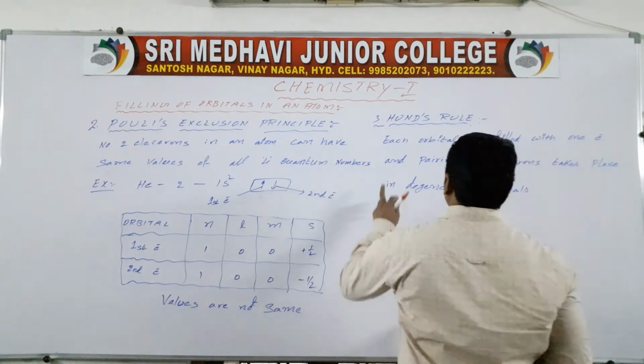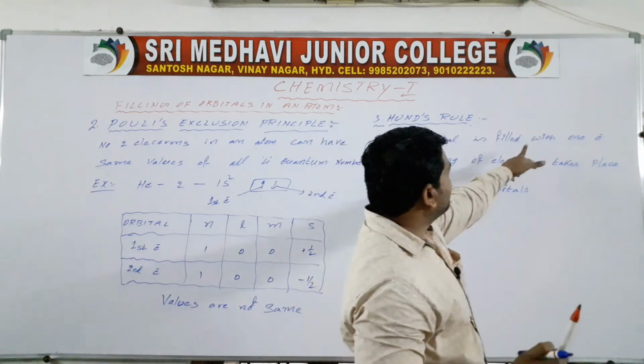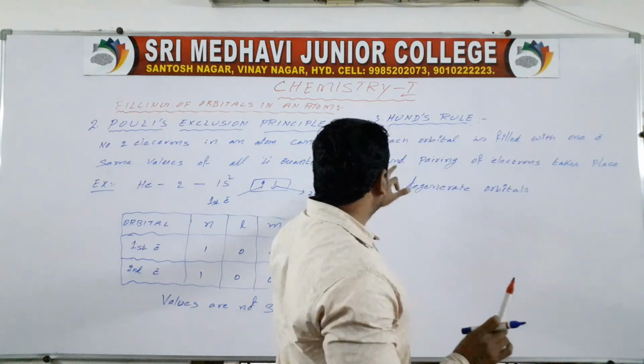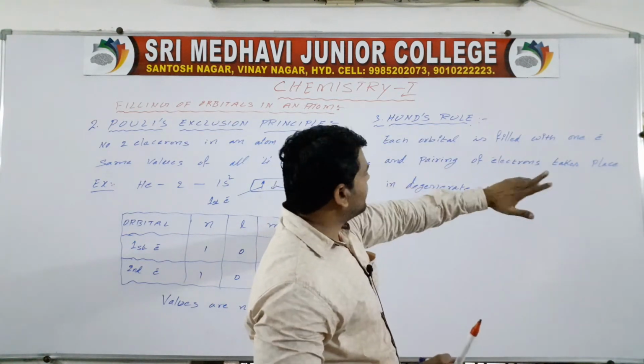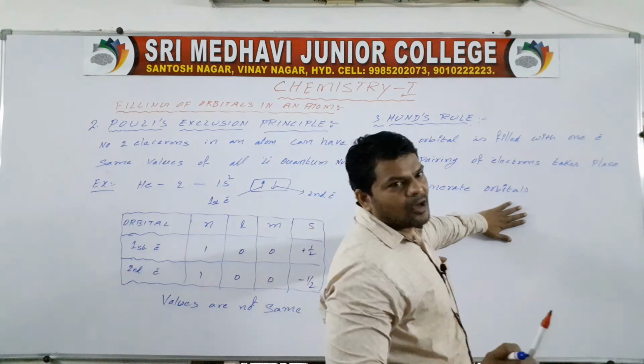This is Hund's rule. Each orbital is filled with one electron, and pairing of electrons takes place in degenerate orbitals.